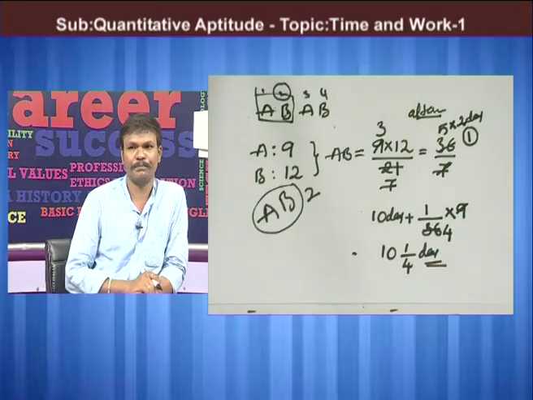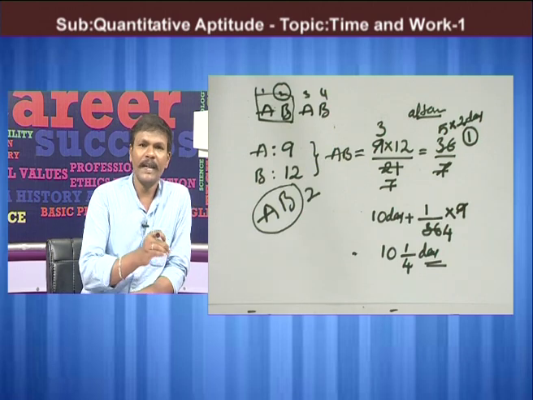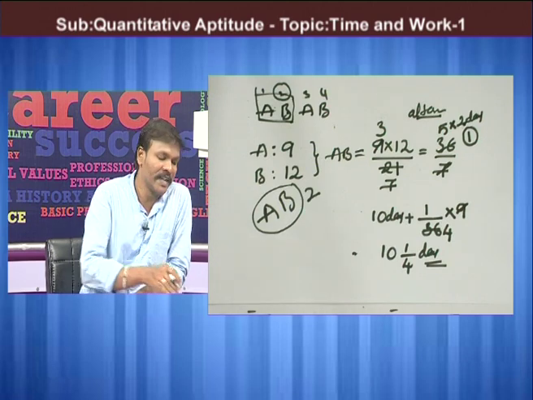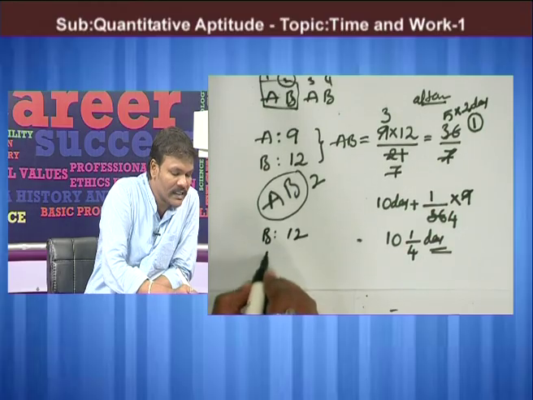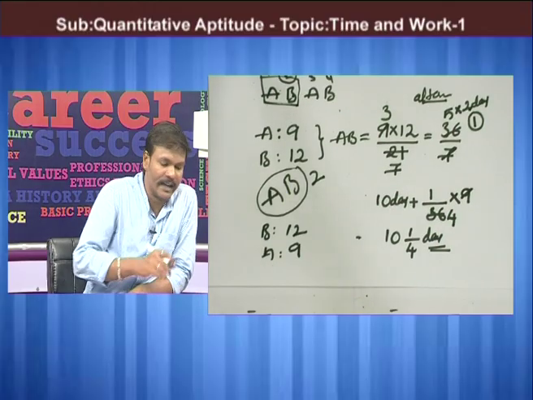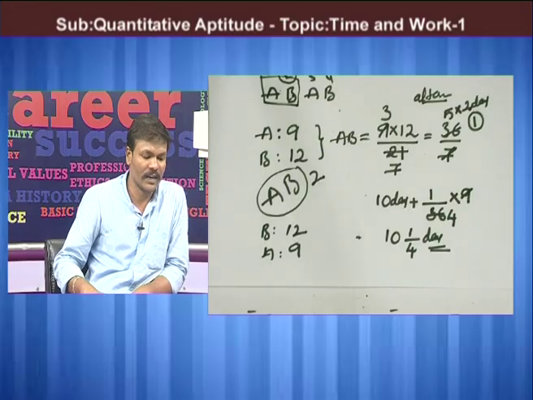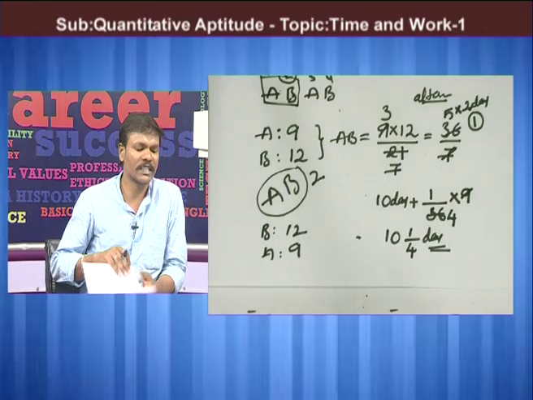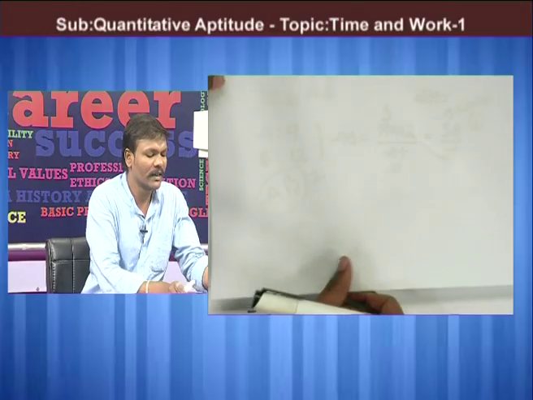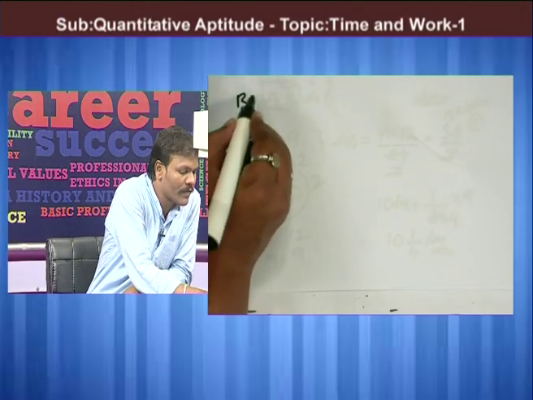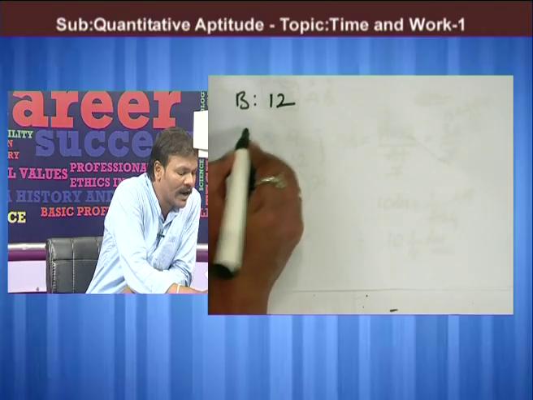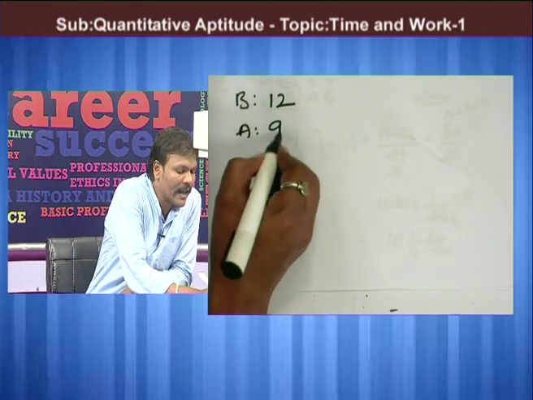If the question is that B begins the work, in that case B is 12 days, A is 9 days. It is exactly the same question, a continuation. B begins with 12 days, A 9 days.